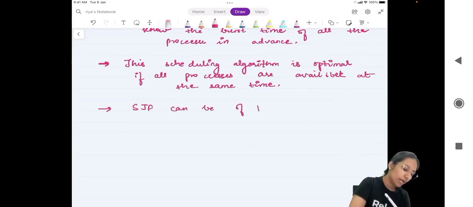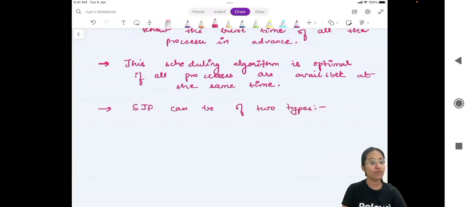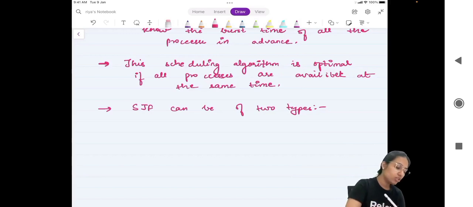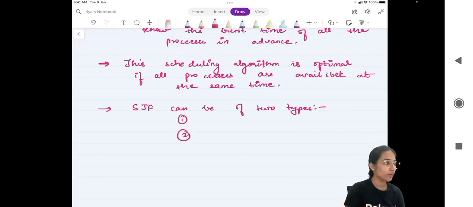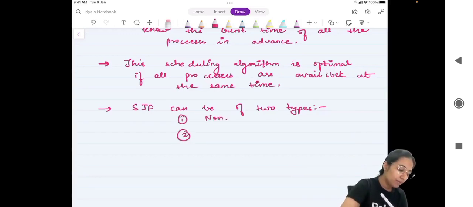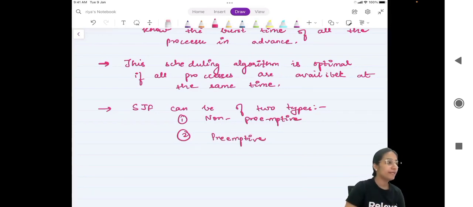be of two types. If you remember, the first come first serve scheduling algorithm was non-preemptive, but in shortest job first there are two versions to it. It can be non-preemptive, and it can be preemptive as well. Both versions of this algorithm exist.